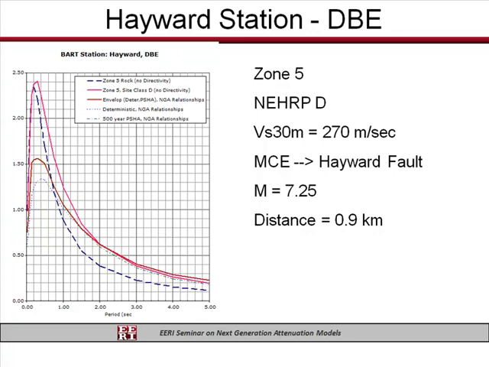And what you can see here is the expected amplification in ground motion going from a rock site condition up to NEHRP D site condition. Now, if we look at what was done as far as the update, there are 3 curves. 2 of them actually fall on top of each other. The lowest curve in the plot, this thin dashed blue line, is using the deterministic ground motions from the 5 NGA relationships.